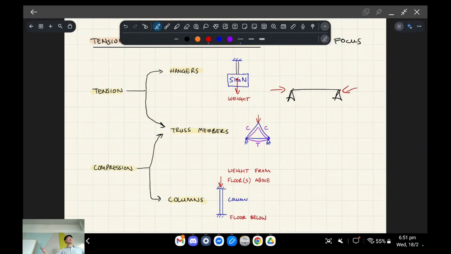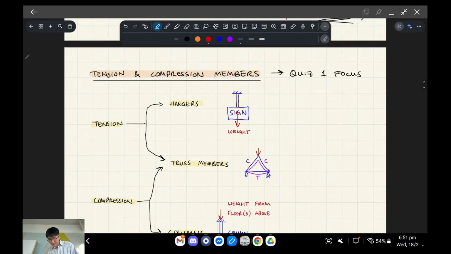It would literally have to be a car crashing into the beam sideways or something to induce compression. It's not what it's designed for. These members are designed for specific types of actions, which are like loads: compression, tension, shear, bending, all that. These members are optimized to withstand these kinds of loads.